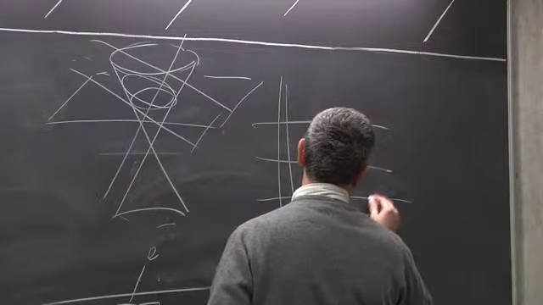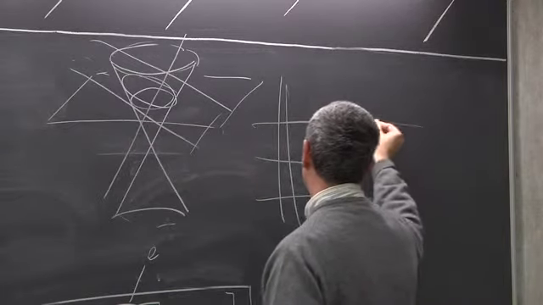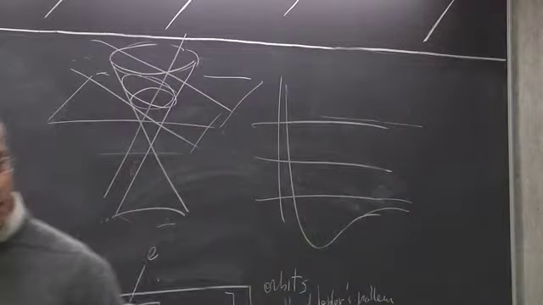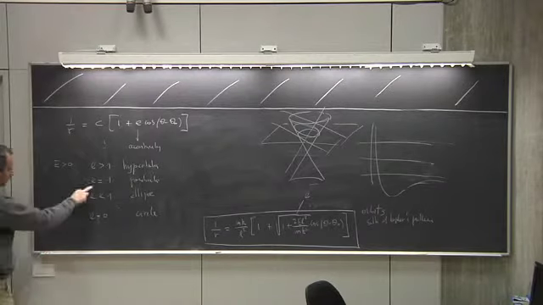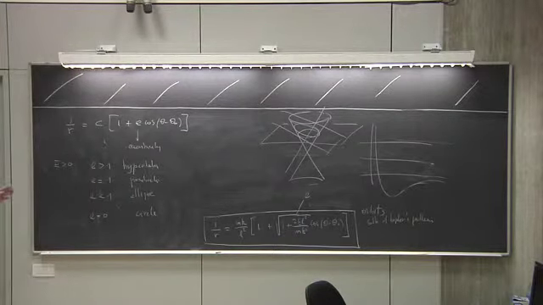So if you have positive energy, you remember the particle was like a comet coming in from infinitely far away and then going away, so that was the orbit. If you want to have E equal to 1, you need exactly 0 energy.